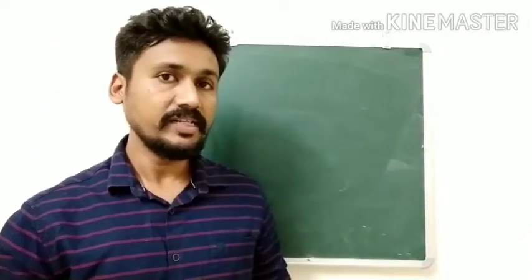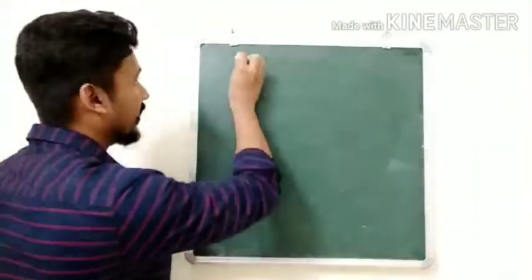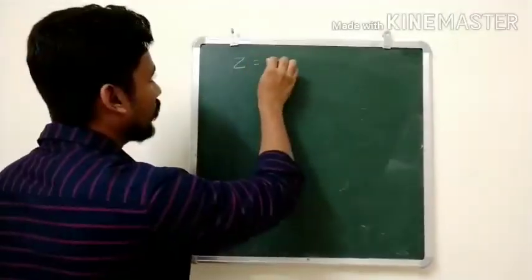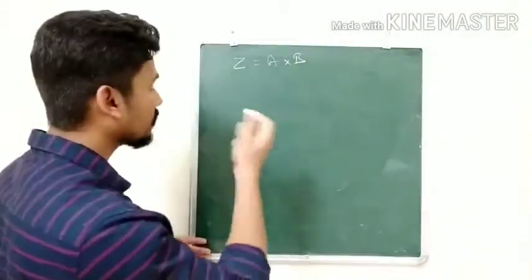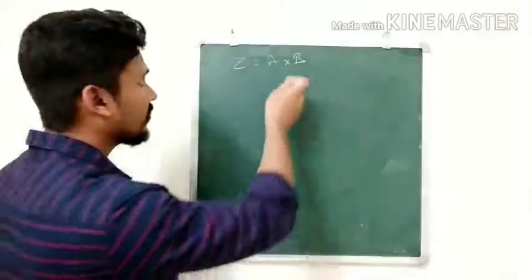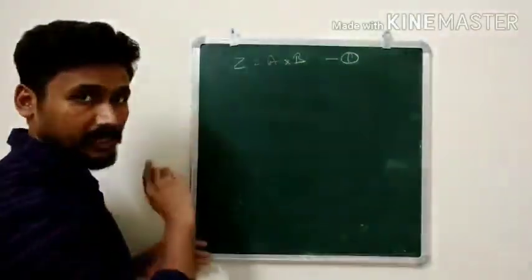Okay. Now we will see what happens if Z is made by a multiplication of A and B. That is, Z is equal to A multiplied by B. As in the previous cases, Z equal to A into B we write as equation number 1.